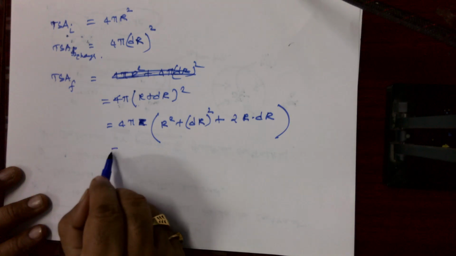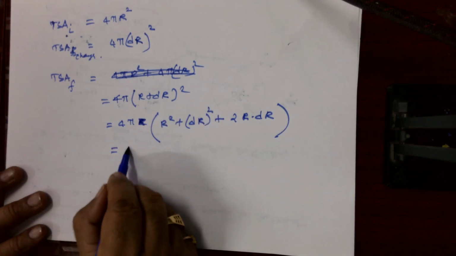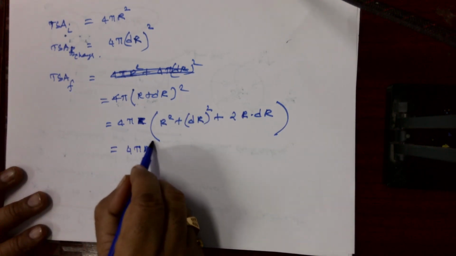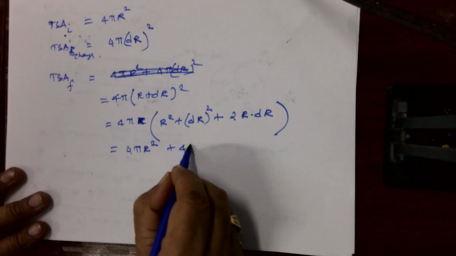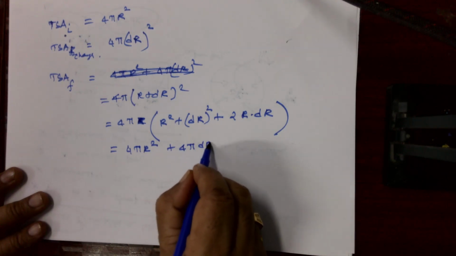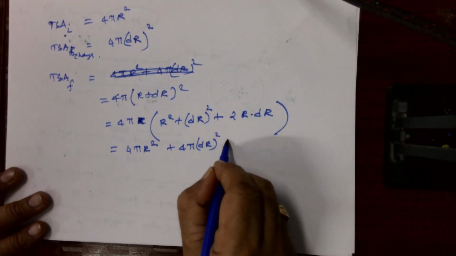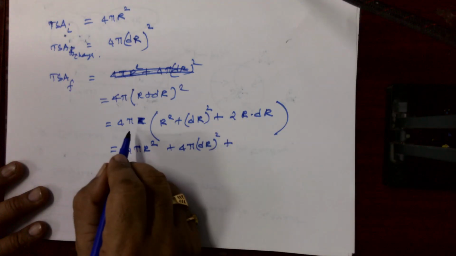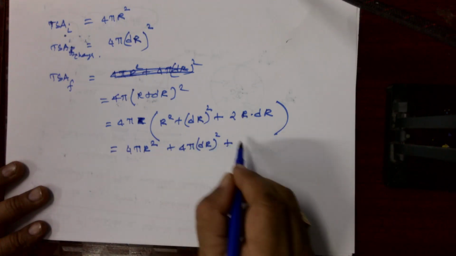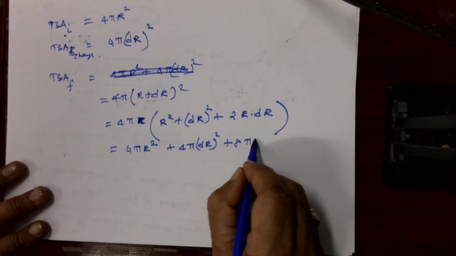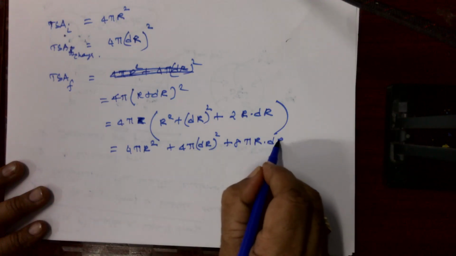Now multiplying: 4 pi r squared plus 4 pi dr squared plus 2 into 4 pi, that is 8 pi r into dr.